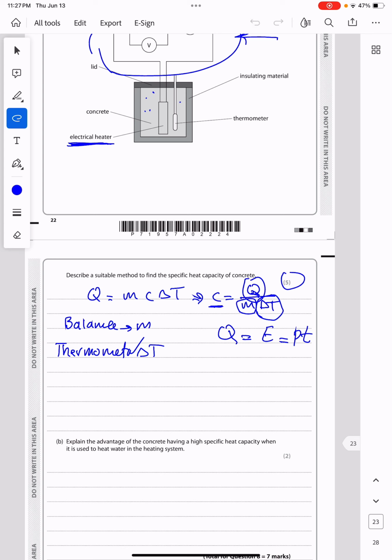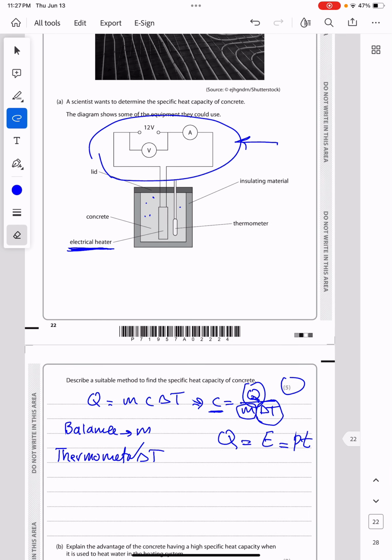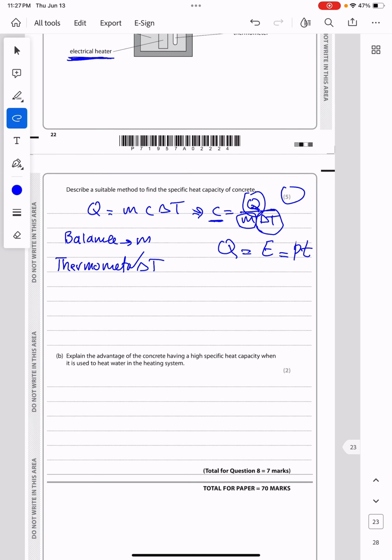Here we know now that thermal energy is the same as the electrical energy, since the electrical energy coming from this part is the one responsible for heating the water. It just transfers from electricity into thermal.